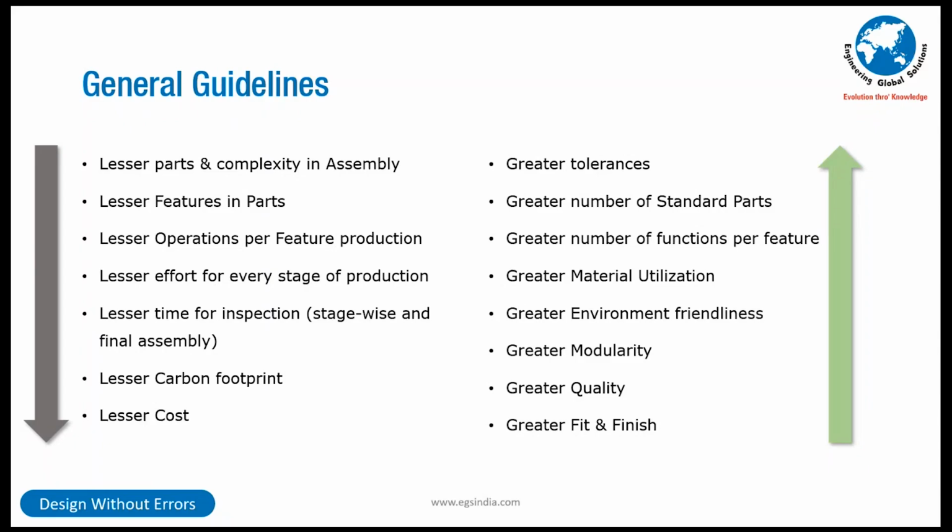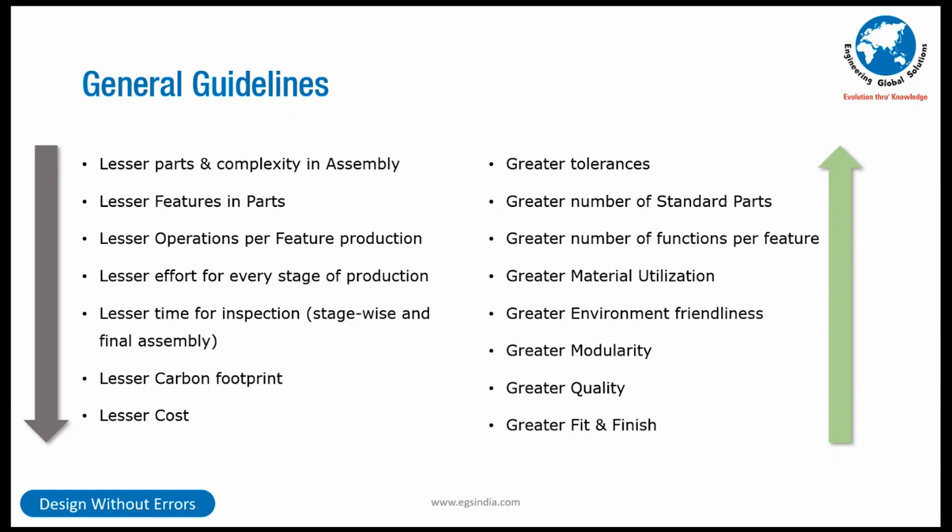Can I use a standard part already available and make small modifications and keep the part number the same? Lesser effort for every stage of production. Lesser time for inspection, stage-wise and final assembly. Lesser carbon footprint, CBAM, lesser cost. All these are the drivers for our checklist for DFM considerations.